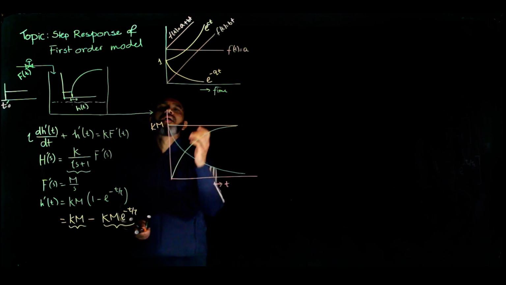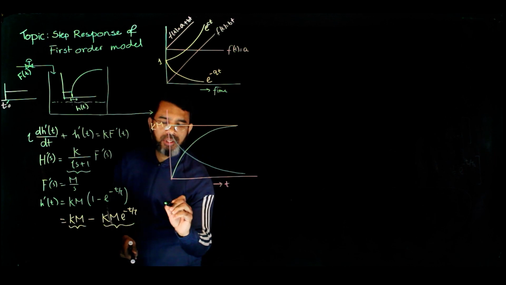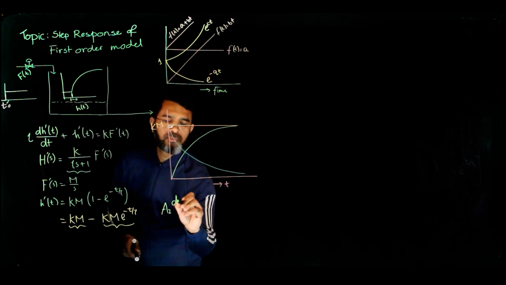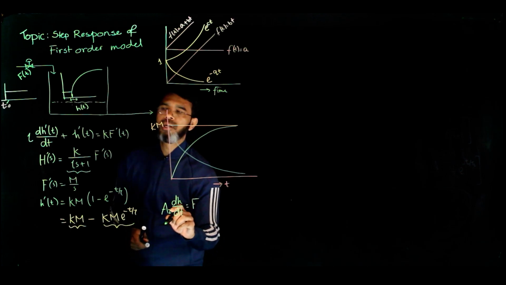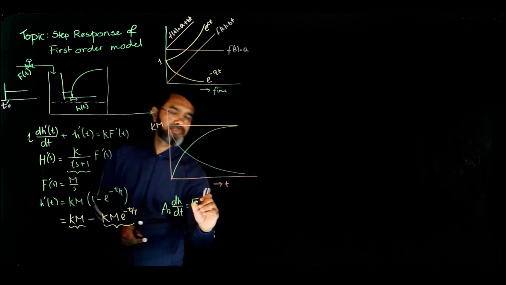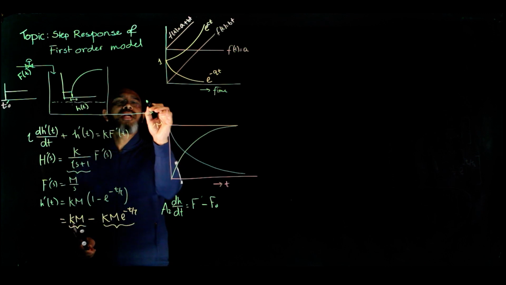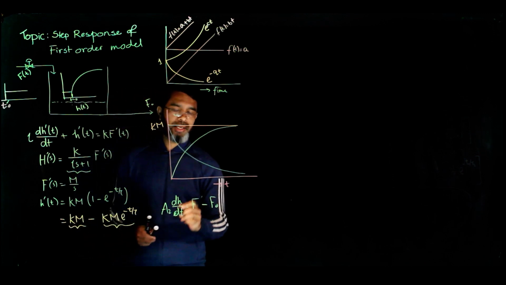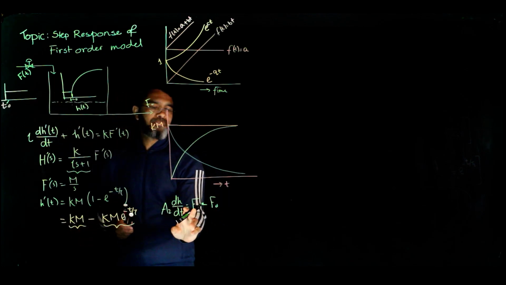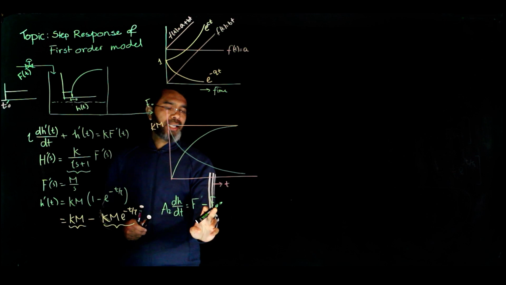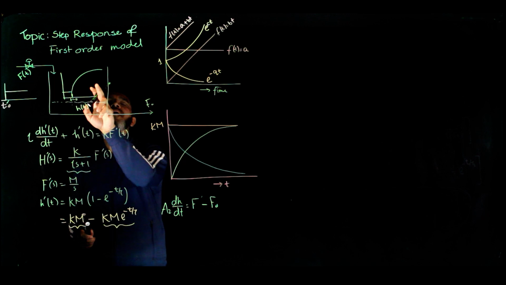Now if we look at the first equation we started with, we end up getting something like this: A2 dh/dt equals F minus F naught. So if these are F and F naught, what happens is that if you change F, that remains constant, and with the change in F, the level starts going up here.